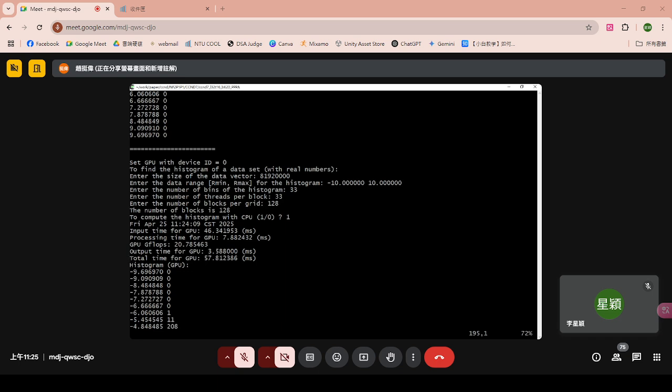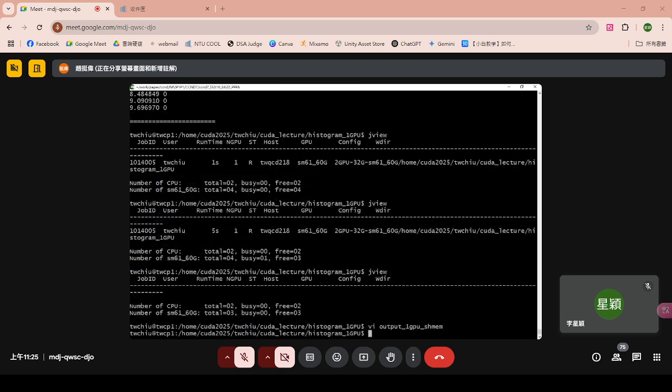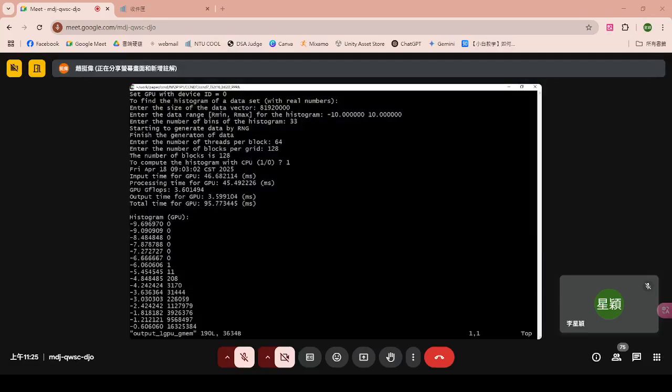And how about the global memory? The total time is 95, so the shared memory is faster. If we just look at the processing time, in the global memory case it is 45 milliseconds.